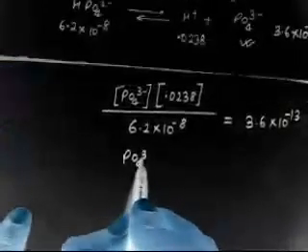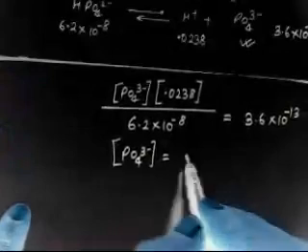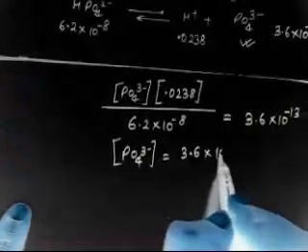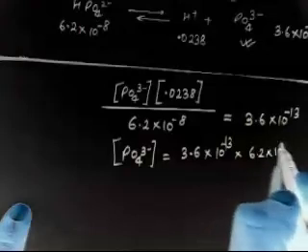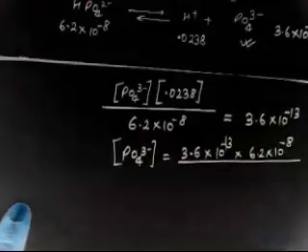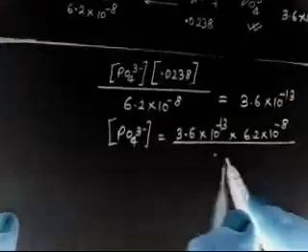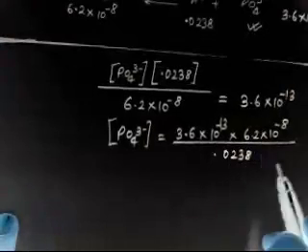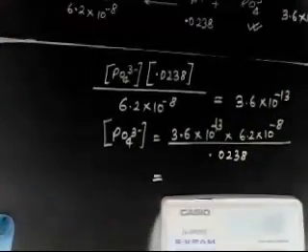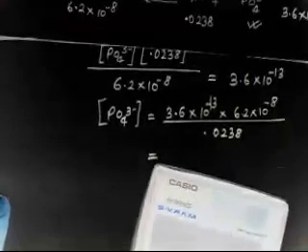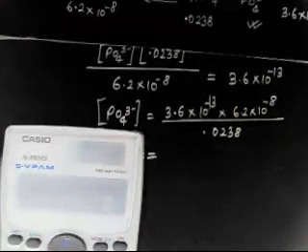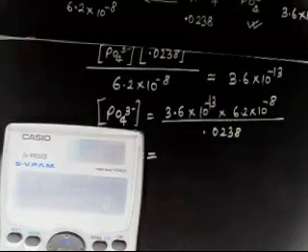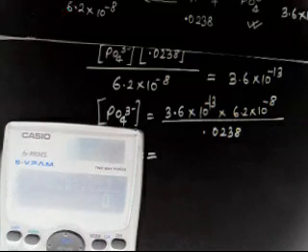Are you getting? So PO4 3 minus will be 3.6 into 10 to the power minus 13 into 6.2 into 10 to the power minus 8, and this divided by 0.0238. So let me calculate this value. I have to multiply 3.6 by 6.2 and divide by 0.0238.